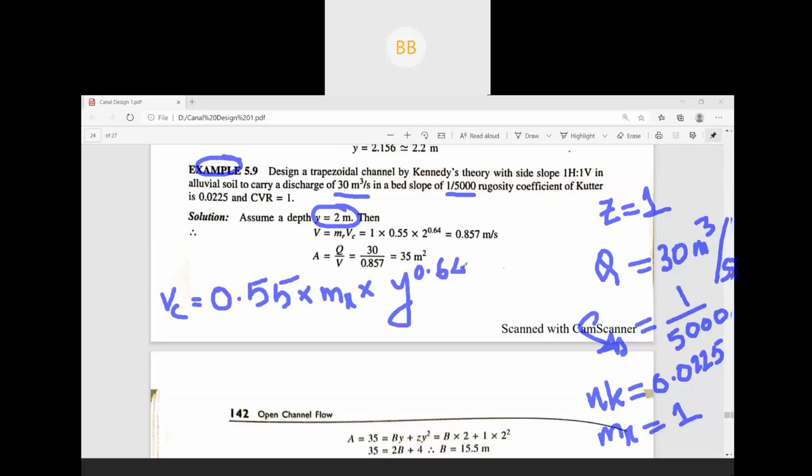So 0.55 multiplied by m, m is already given, that is 1, and multiplied by y to the power 0.64. So y we have assumed is equal to 2, so 2 to the power 0.64. Calculate and see whether you are getting the same value or not. That is 0.857 meter per second.